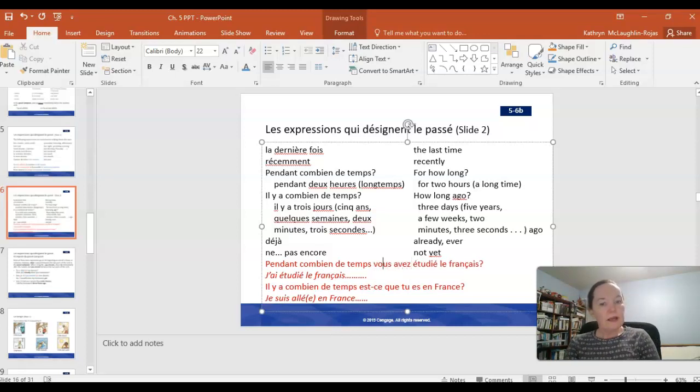And another way is I could add the question marker est-ce que. Pendant combien de temps est-ce que vous avez étudié le français? So for how much time have you studied French? So I can use any of those question forms. But to keep things simple, we'll use the inverted form.